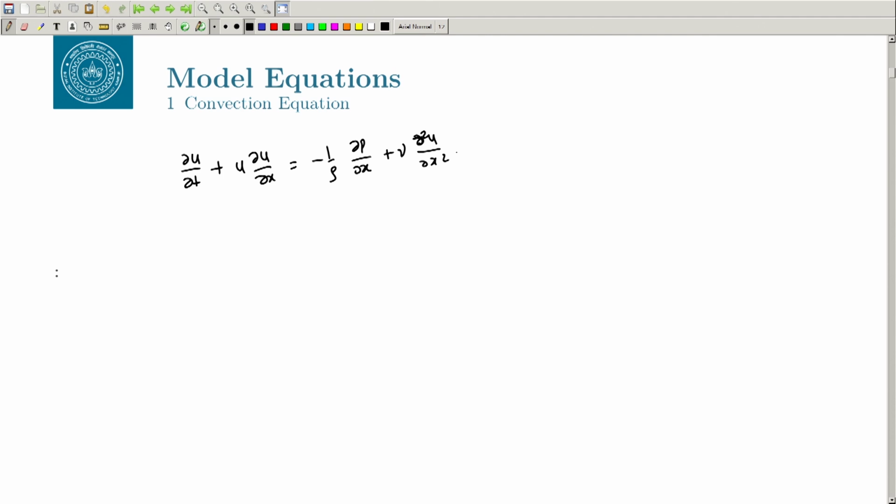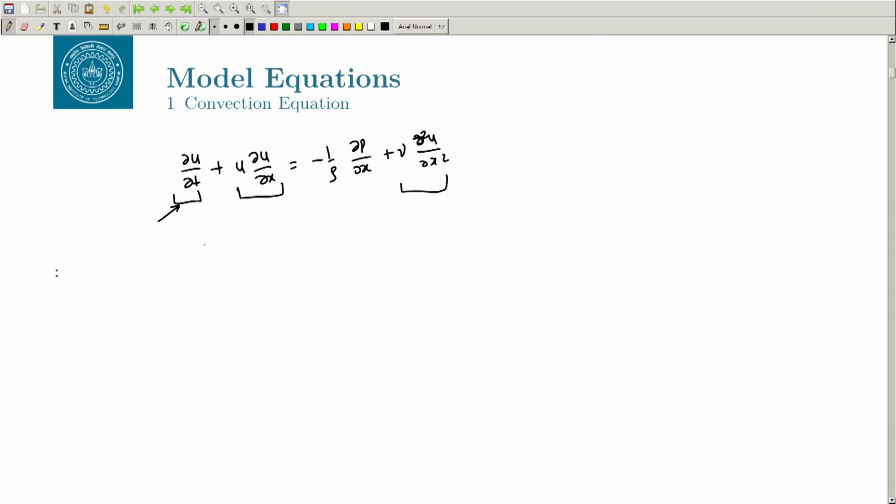From the knowledge that we gained in the last few classes, we know that this is a temporal term, this is the convection term which represents the hyperbolicity in the equation, and this is the diffusion term which represents the ellipticity in the equation. In different limits of the Mach number and the Reynolds number, these equations may be closer to an elliptic equation or a hyperbolic equation.